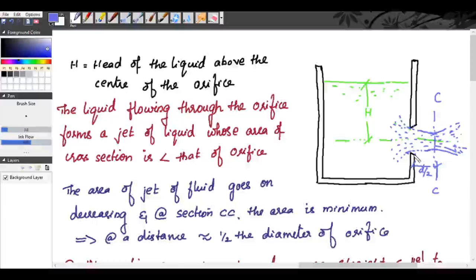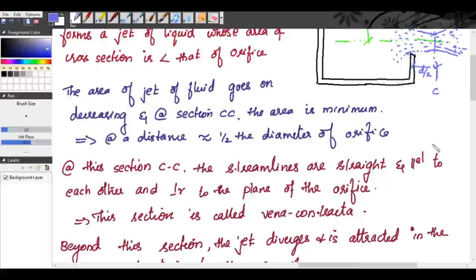At a distance equal to half the diameter of the orifice, you will have the smallest cross section area for the jet. So that section is taken as CC, because there the cross section area will be minimum.